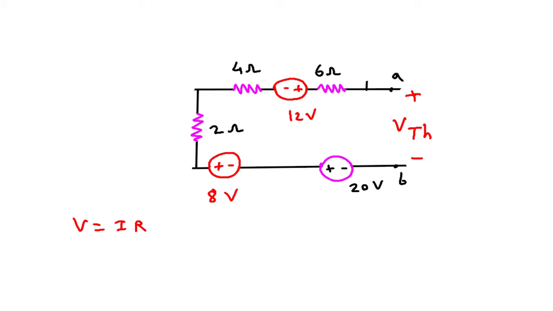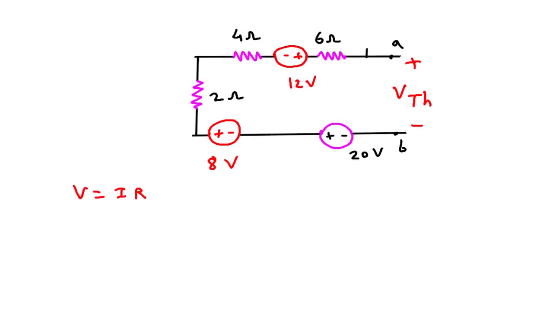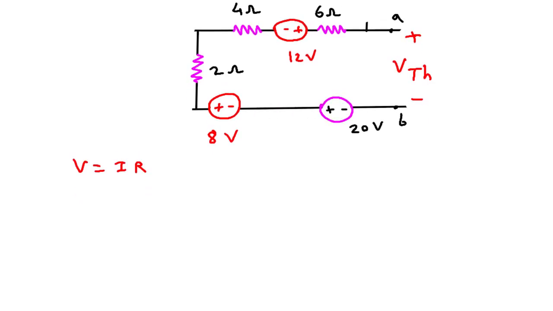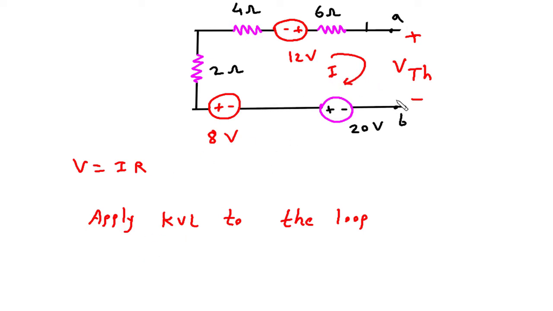Now here we can apply KVL to find the value of VTh. Apply KVL to the loop. Let's say this is current I. Now we will start from here.